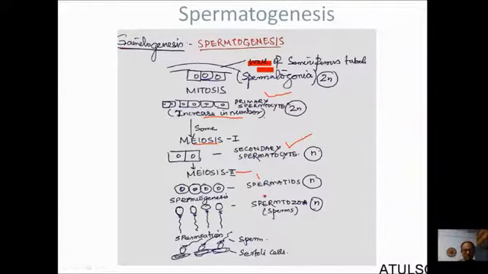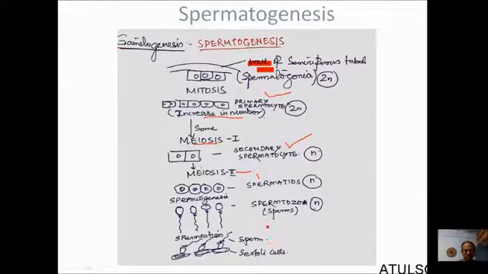the four different spermatids, which are like normal cells, oval in shape, but now they are going to be differentiated because they have to perform a special task.